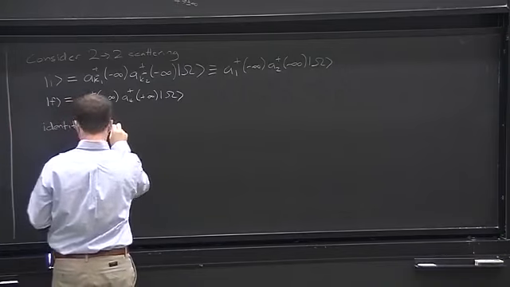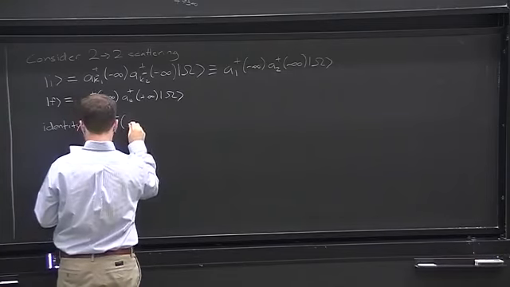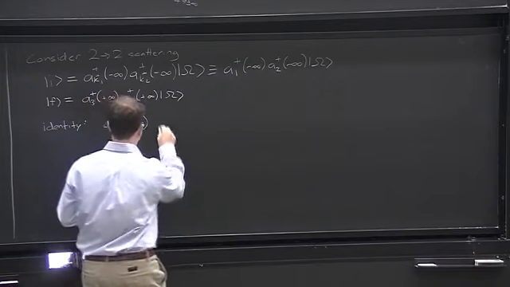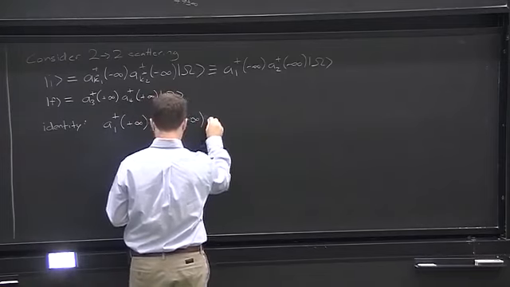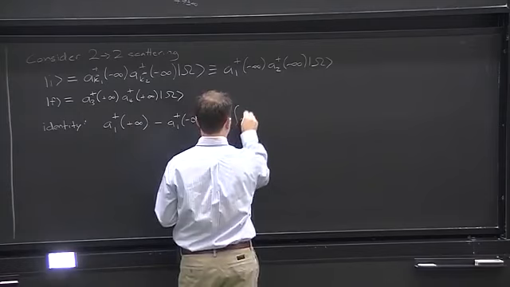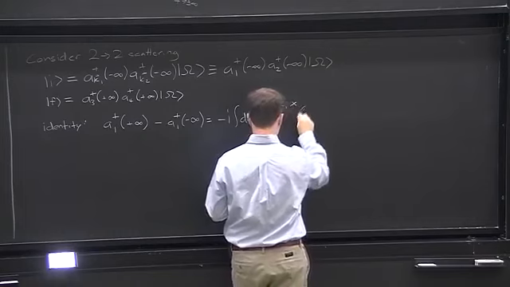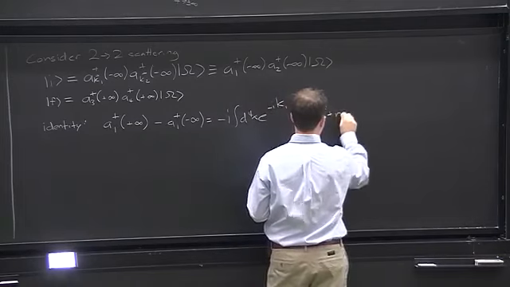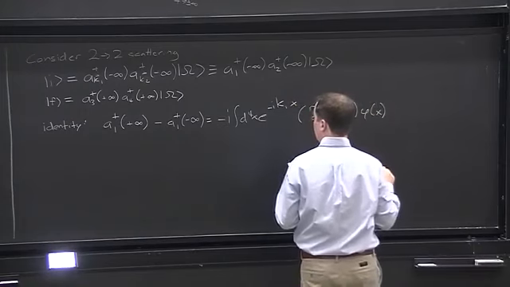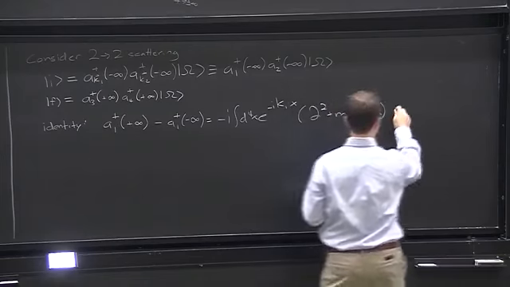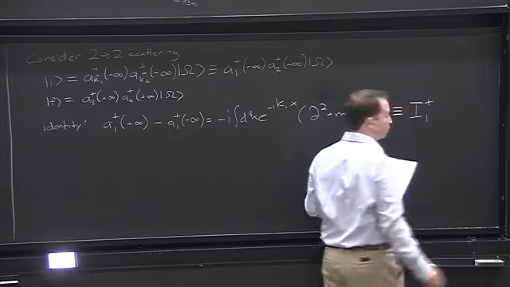So it can be shown, based on our assumptions, that a1 at plus infinity dagger minus a1 at minus infinity dagger is minus i times the integral of e to the i k1 dot x times the Klein-Gordon operator acting on phi of x. And this integral is going to show up repeatedly, so I'm going to give it a name. I'm going to call it I1 dagger.